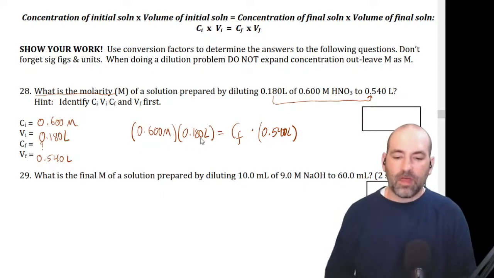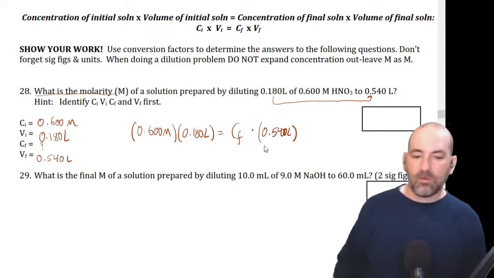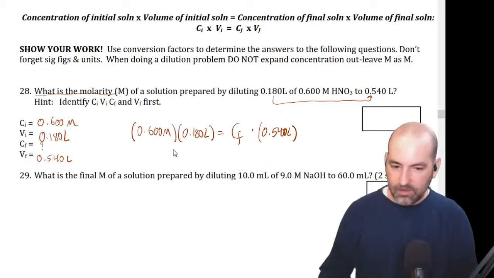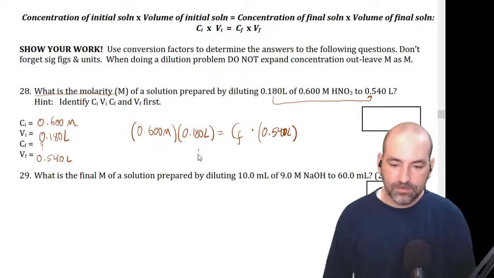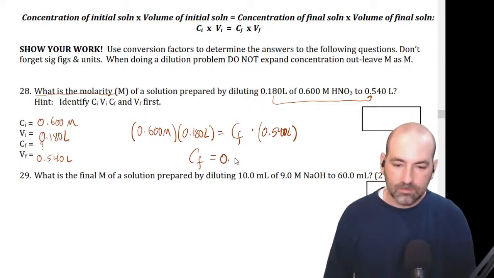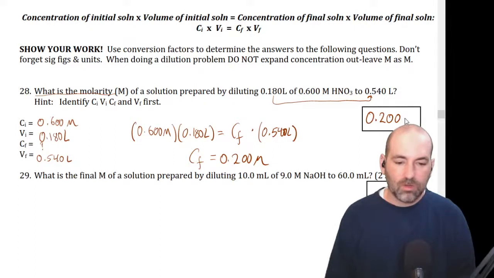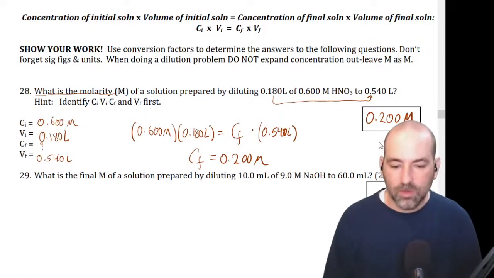All right, so to solve that, we just multiply these two and divide by 0.540. So 0.6 times 0.18 divided by 0.54 is 0.2. We'll keep our three significant figures here. So our final concentration is 0.2 molar, or 0.200 molar.